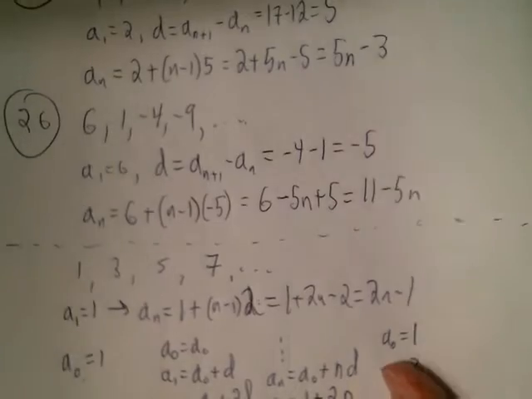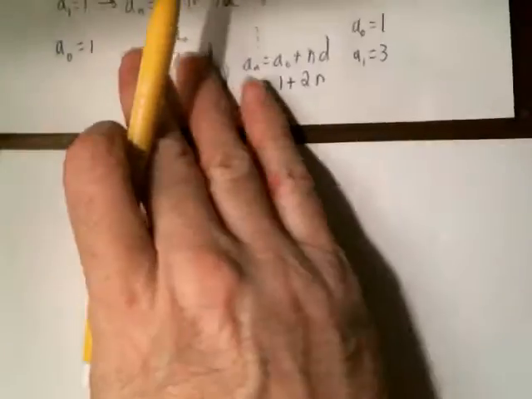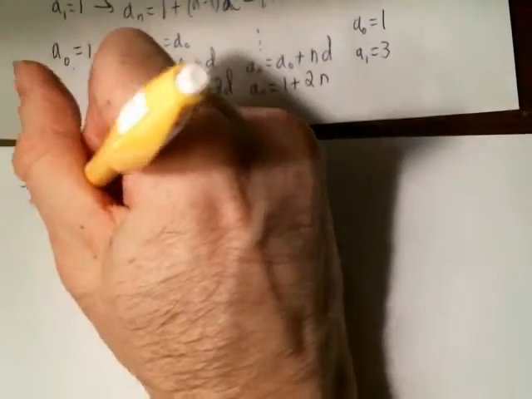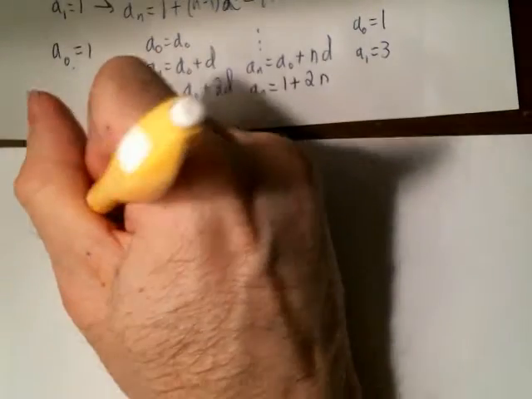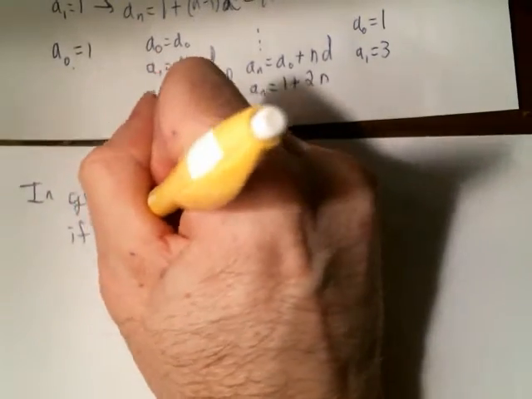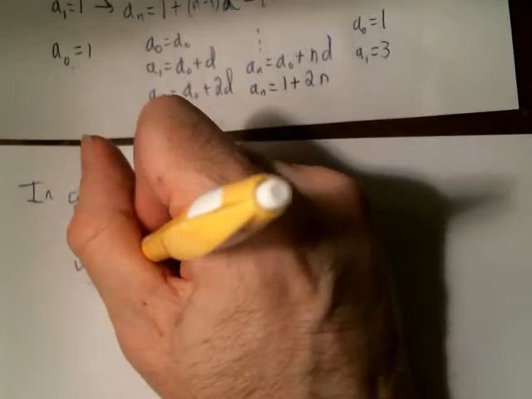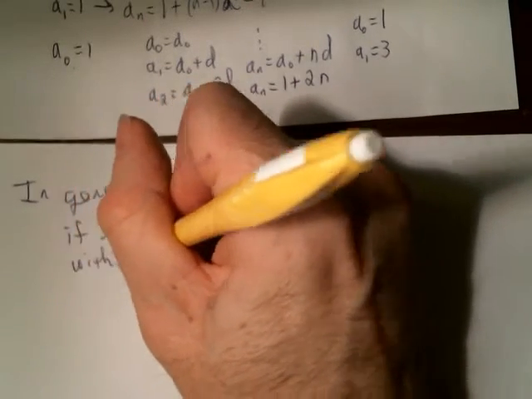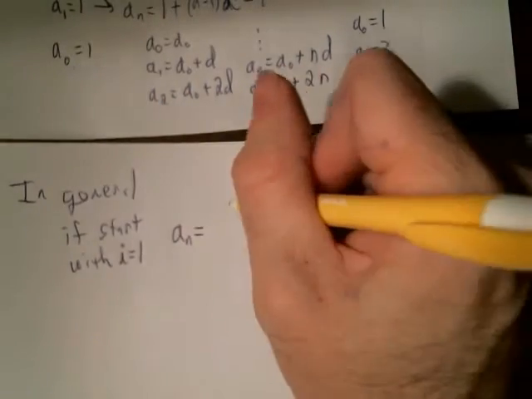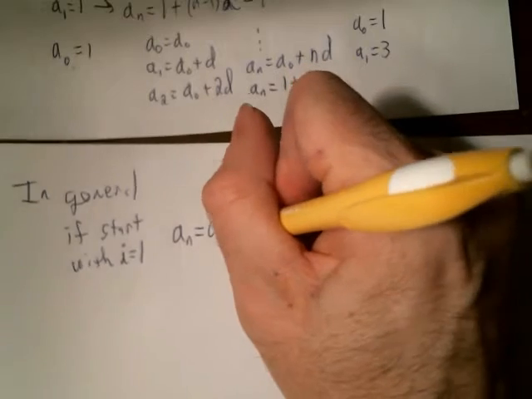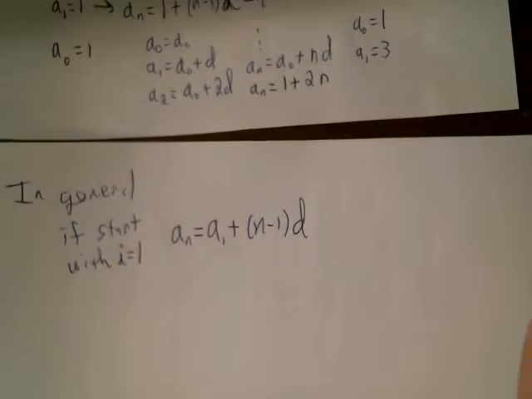So the book doesn't talk about it, but in general, if you start with i equal to 1, then your formula will be a sub n equals a sub 1 plus n minus 1 times d.